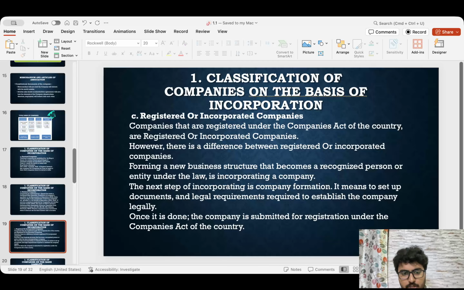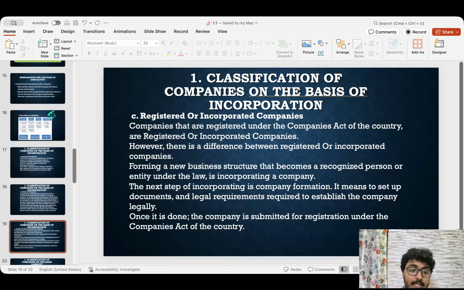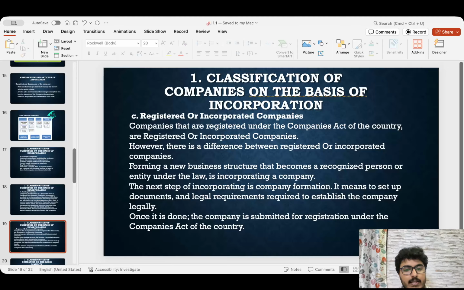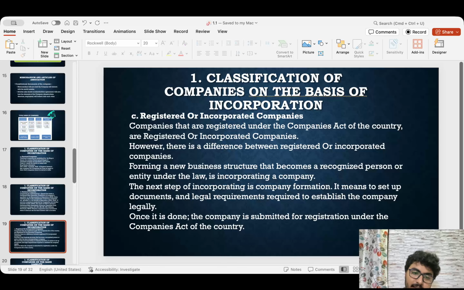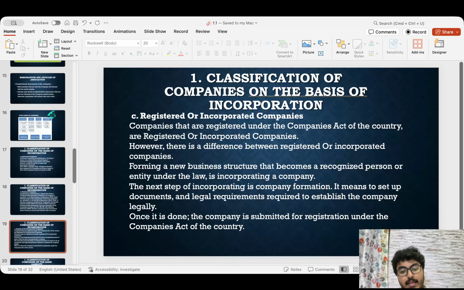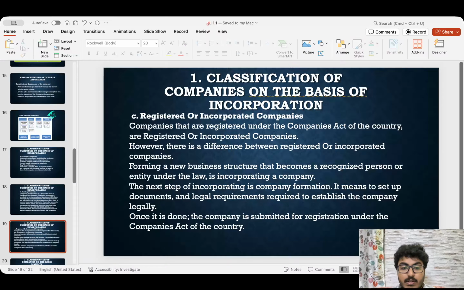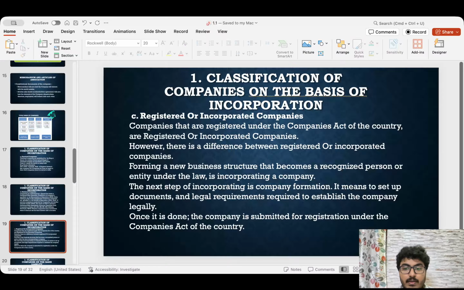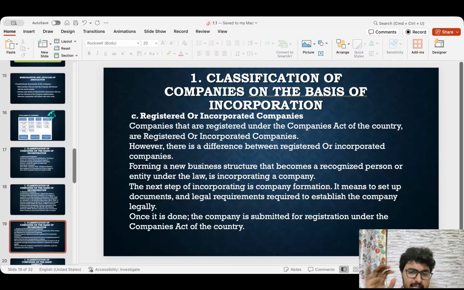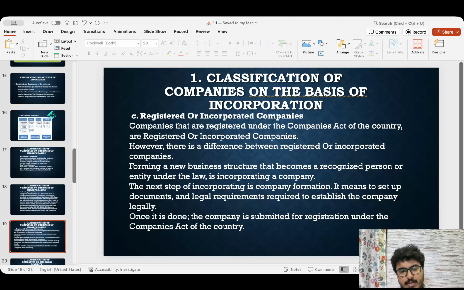Most of the companies operating today fall under this category. Once all the requirements are done, the application is submitted to the ROC of our nation. However, there is a slight difference between the registered or incorporated companies.